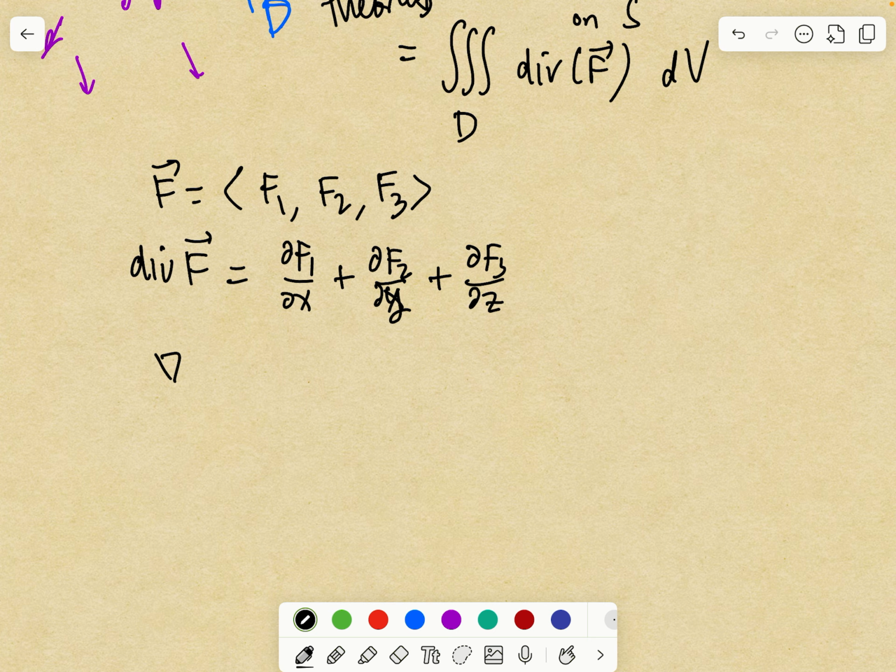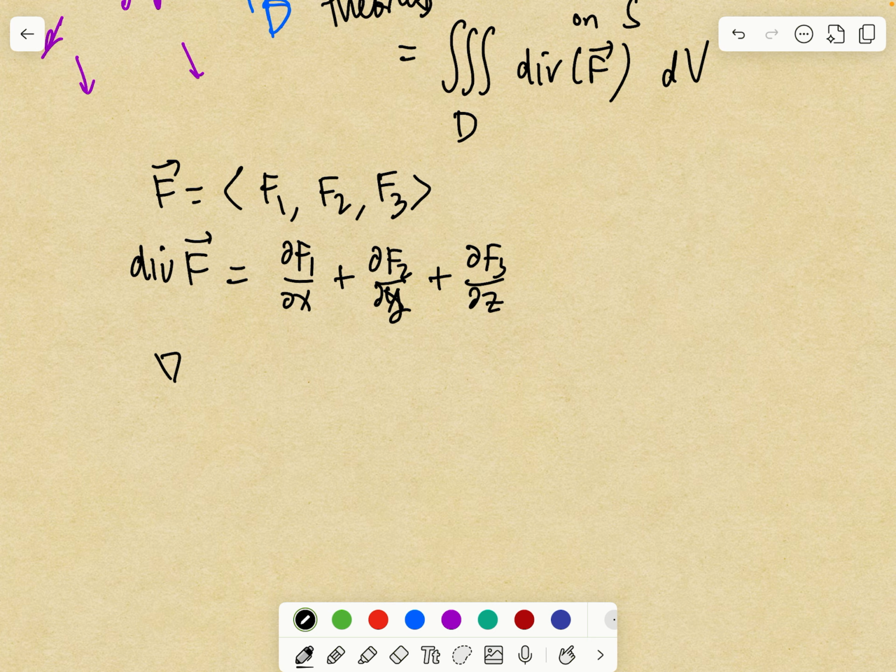Instead of multiplying, you do partial x of F1. So it's equal to partial F1 partial x, plus partial F2 partial y, plus partial F3 partial z. So it's not the sum of the partial derivatives, because you're taking partial derivatives of different functions, right? So this is a mnemonic to remember. It's not actually the dot product of this thing with this thing.